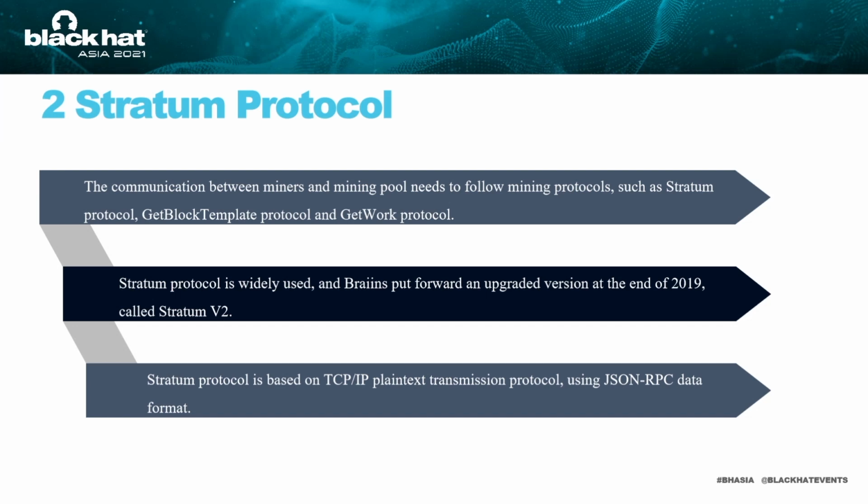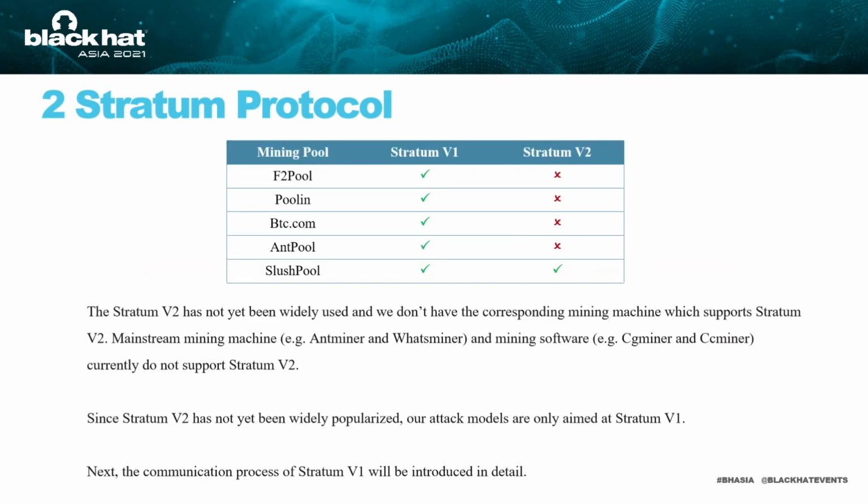Stratum protocol is a TCP/IP plain text transmission protocol using the JSON-RPC data format. From the table here, we can see that only the Slush Pool supports Stratum version 2 among the mining pools with top computing power. So Stratum version 2 has not yet been widely used, and we don't have the corresponding mining machine which supports Stratum version 2.